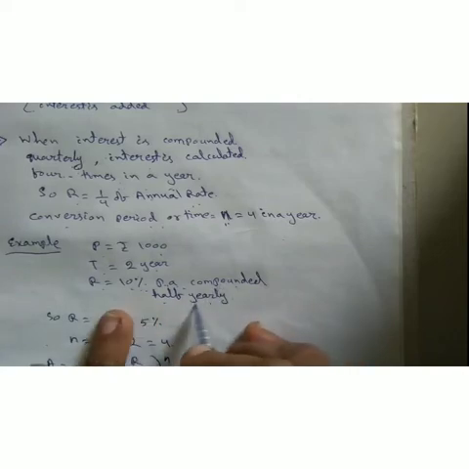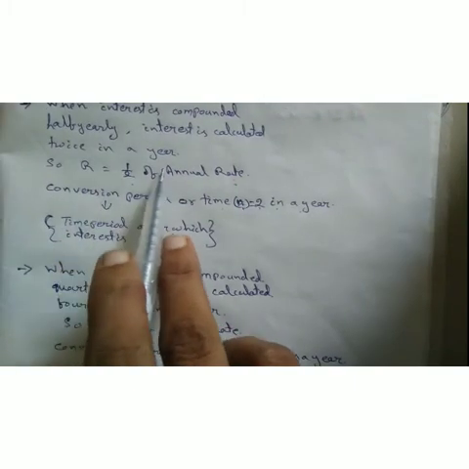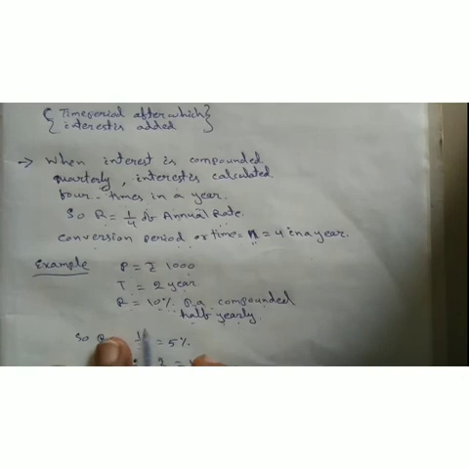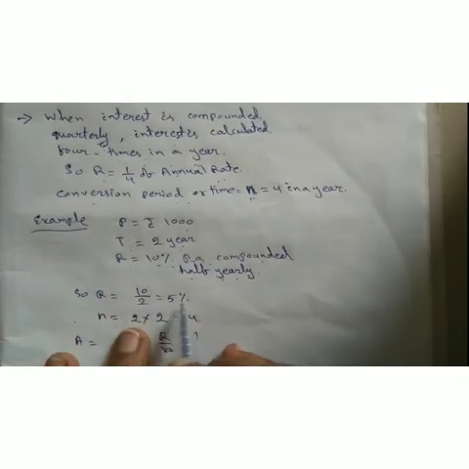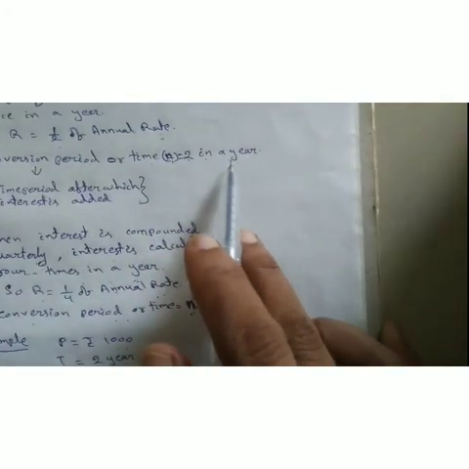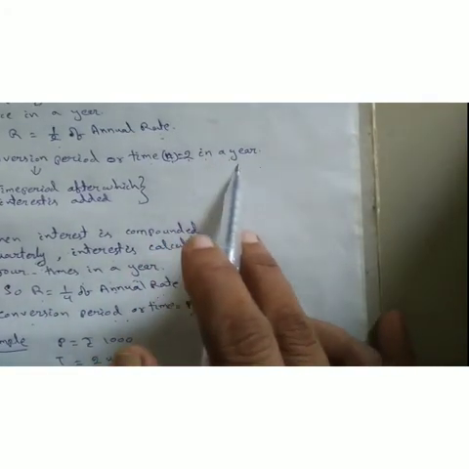As it is compounded half yearly, the rate will be half, so the actual rate for the calculation is 10 by 2, which is 5. And the time period will be twice in a year. Here it is given 2 years, so in 2 years it will be calculated 4 times. So the conversion period n is equal to 4.